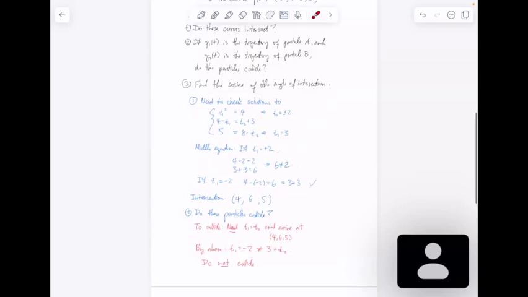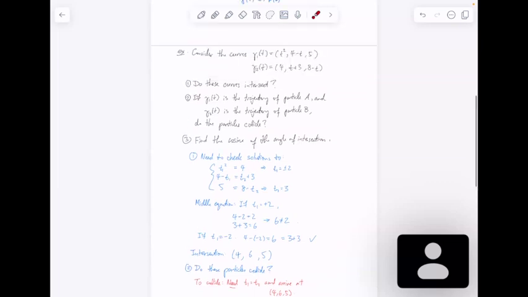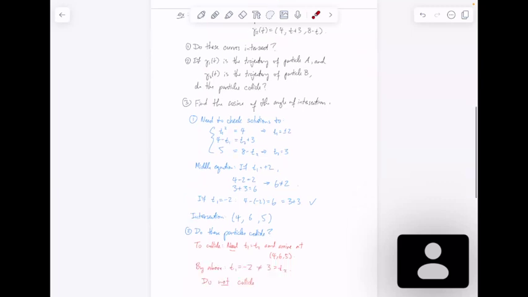We had a second part of this, which was if these actually modeled the trajectory of a particle. So they share the same parameter T. You start them at the same clock. Do these particles actually collide? Because we had the answer to the first section, we knew exactly where the intersection points are. In this case, there is a single intersection at (4, 6, 5).